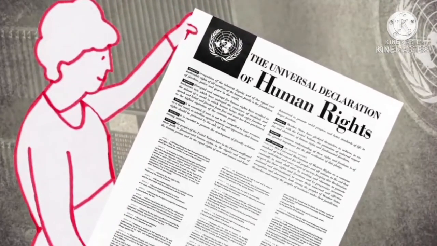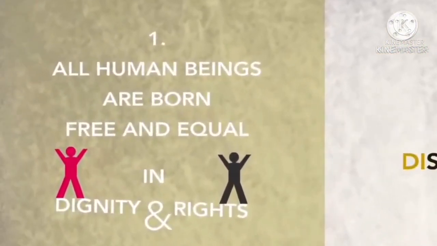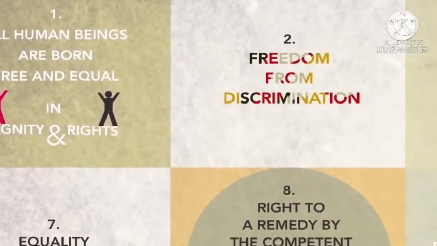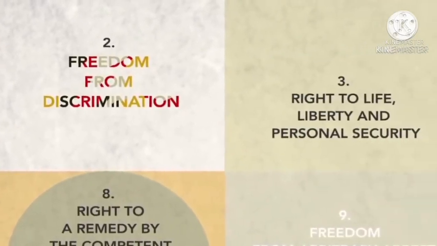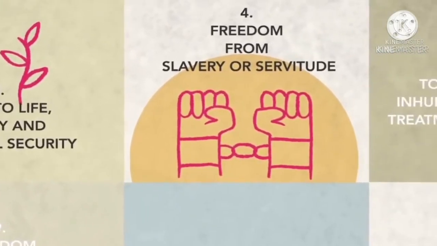The declaration was based on the principle that all human beings are born free and equal. It recognizes, among other things, the principle of non-discrimination and the right to life and liberty, the negative freedoms from torture and slavery, and even positive freedoms like freedom of movement.